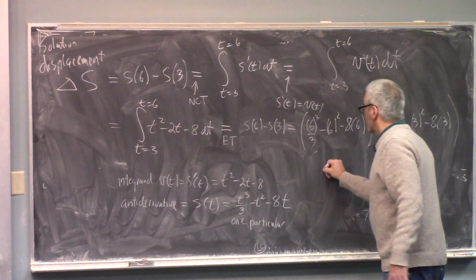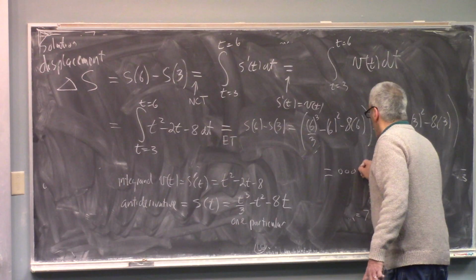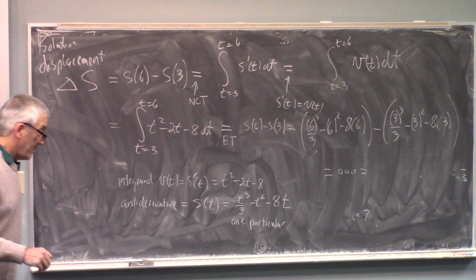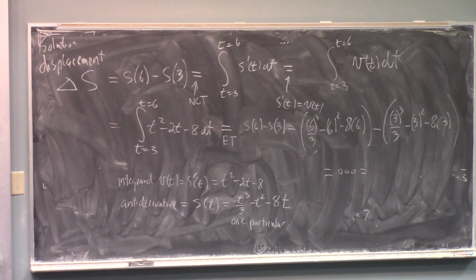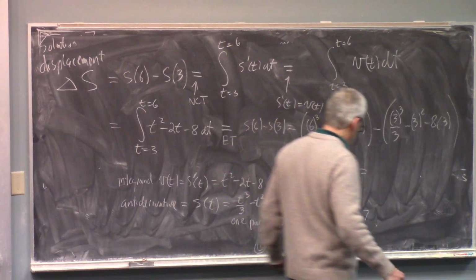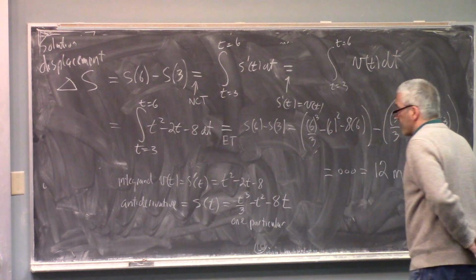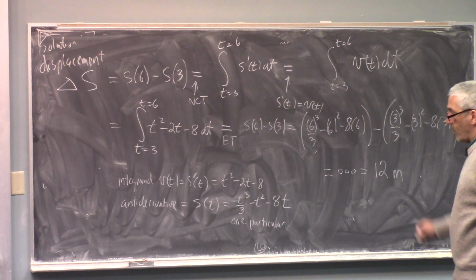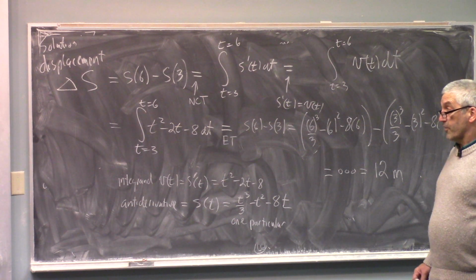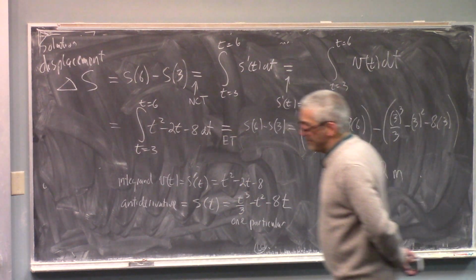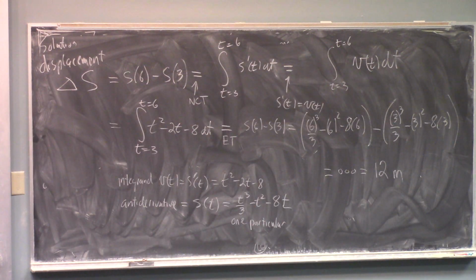And if you do all this work and you don't mess up, which I'm not at all confident about, you get the number 12. If you do all that arithmetic, you get 12, which means 12 meters. So the object is 12 meters away from where it started at the end of this. So that's the meeting part 2, the net change theorem.